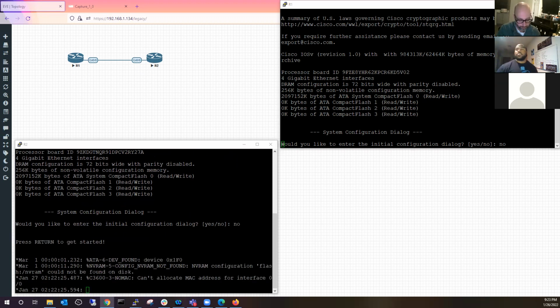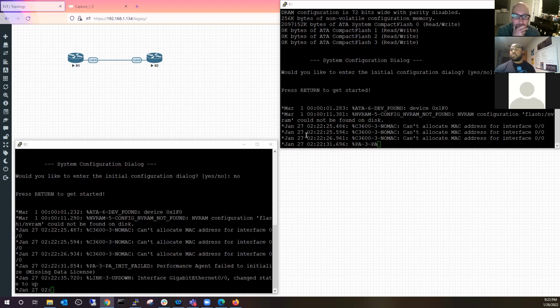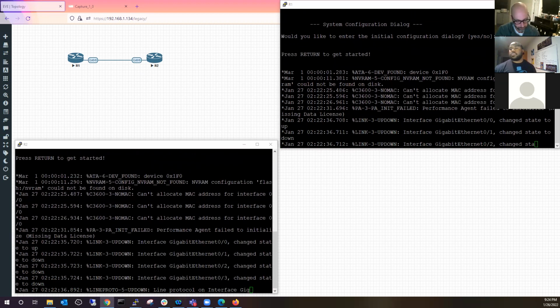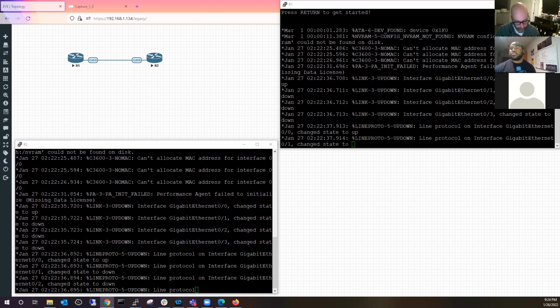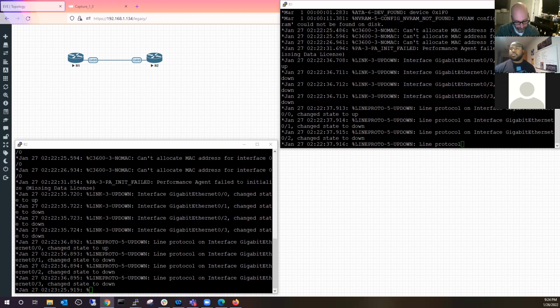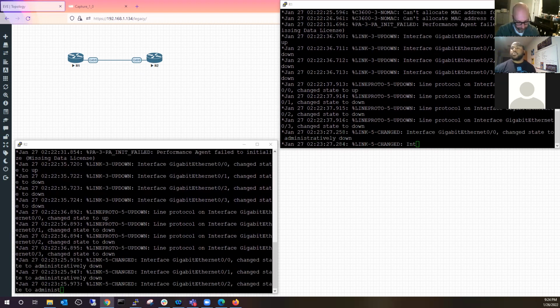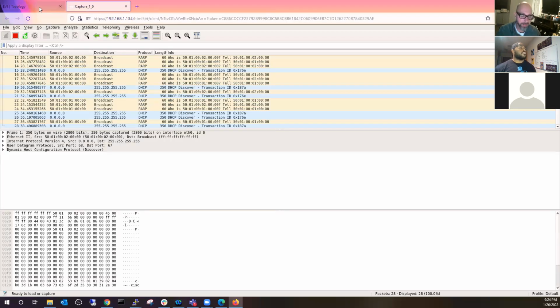Okay, so let me ask you this. In order to have two routers reach the full state of an adjacency and actually become OSPF neighbors, what has to be present? An elected designated router?